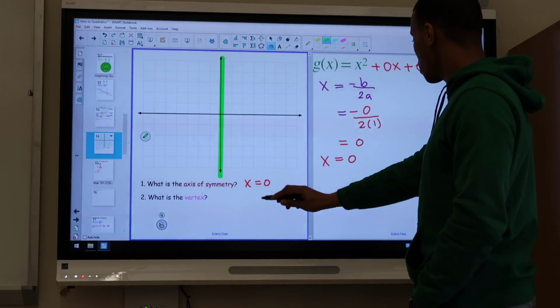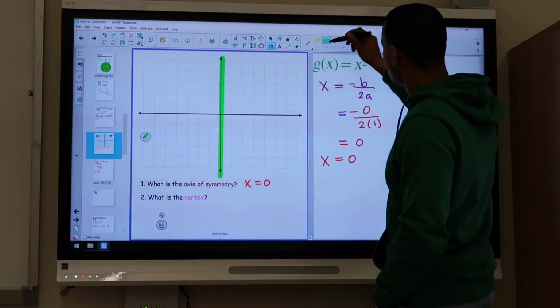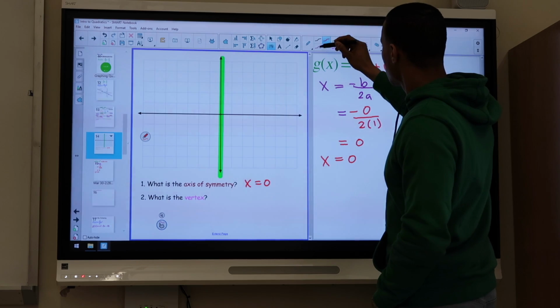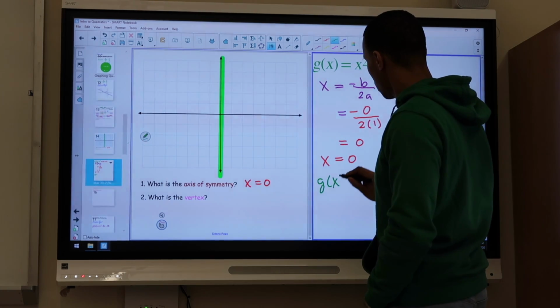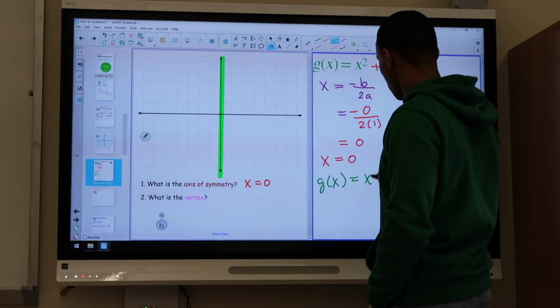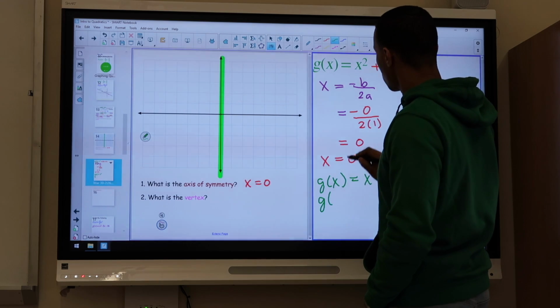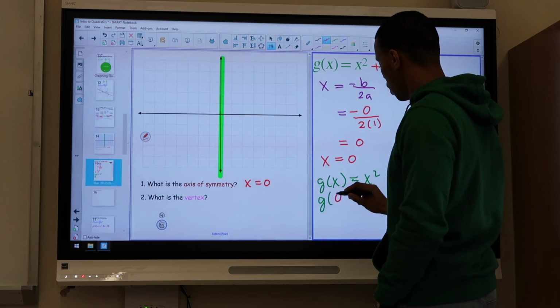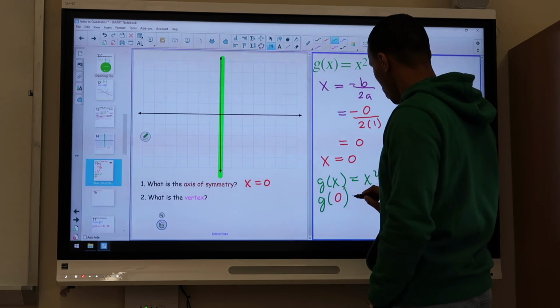Now, my vertex happens at my axis of symmetry. So I'm going to take g of x equals x squared, and now I'm going to substitute that x value into my function.